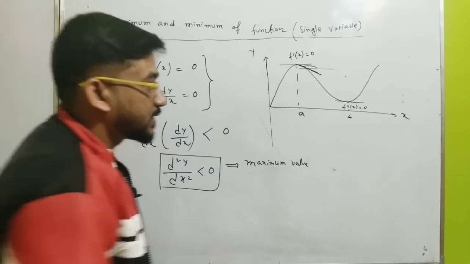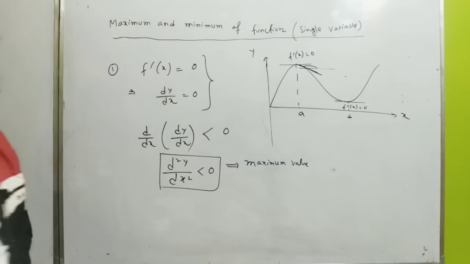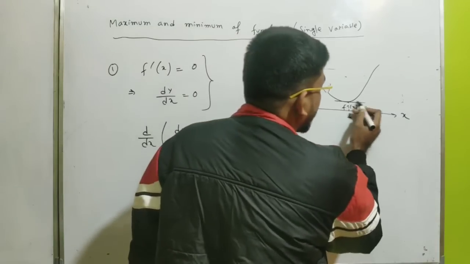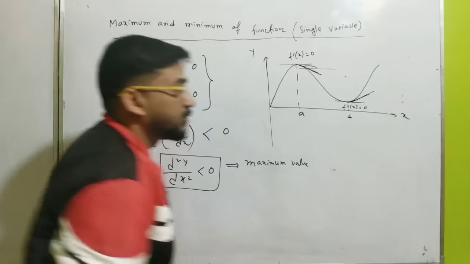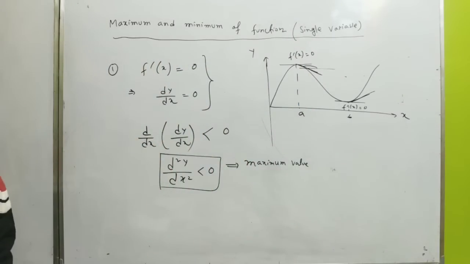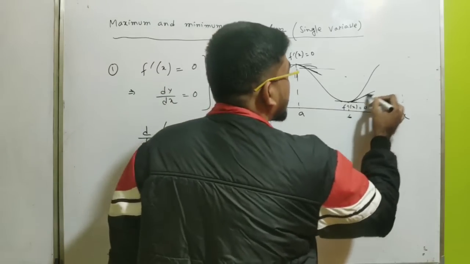But you can see here, if we change x in the positive direction, then the slope will be like this, which is a positive slope. The change of the slope dy/dx is positive here. You can see from this point to this point, this is positive.